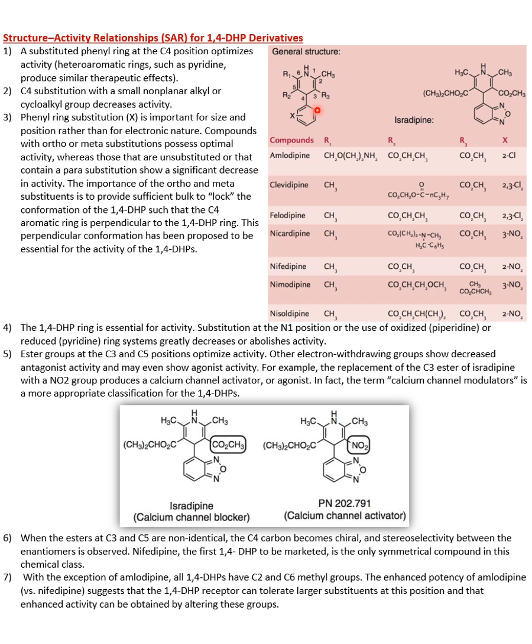Substitutions at the ortho and meta positions are very important, as we will see, for the activity. And substitutions at the para position would cause a significant decrease in the activity.